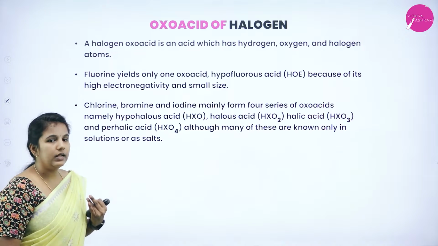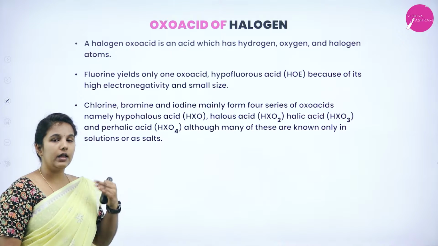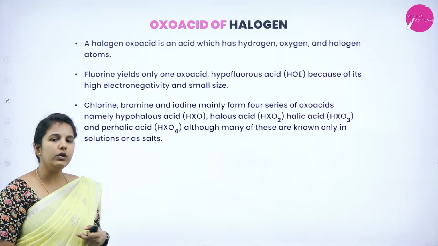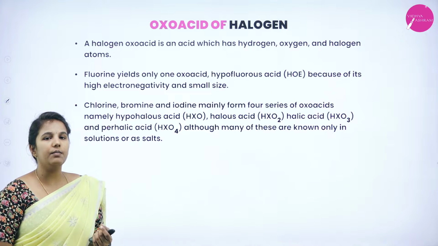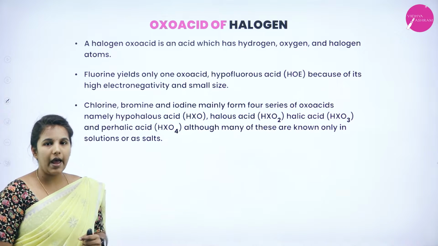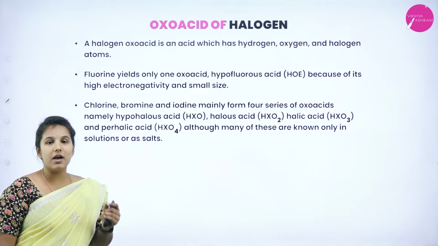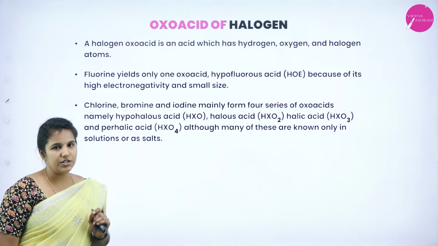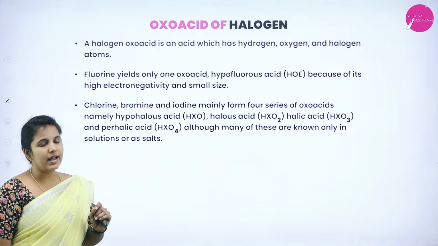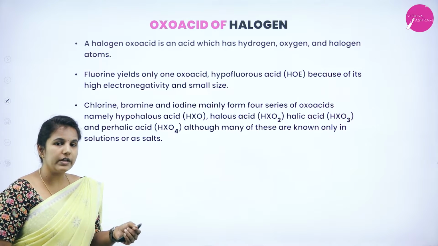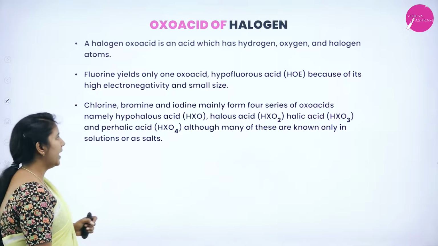But we know that in that group, fluorine is an exceptional element compared to the rest of the halogens, because it exhibits only the -1 oxidation state. We will now understand whether fluorine will also give oxoacids or not.